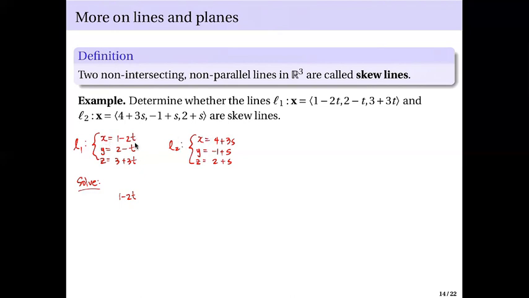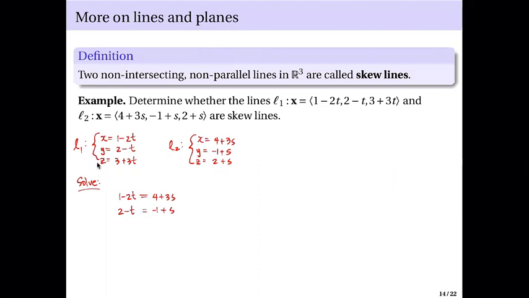So 1 minus 2t equals 4 plus 3s. And then also we equate the y's: 2 minus t equals negative 1 plus s.